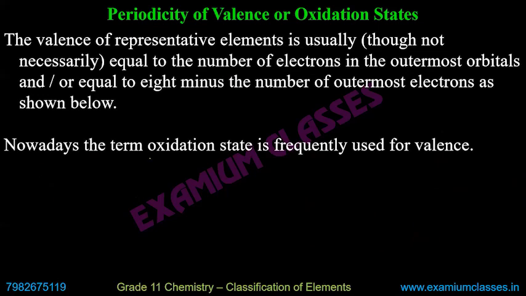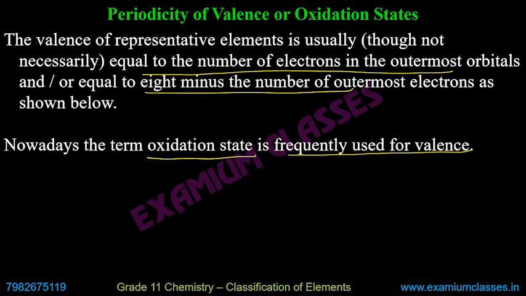Nowadays, the term oxidation state is frequently used for valence, and it is actually different from valence, because valence is just one. If we say it is either the number of electrons in the outermost shell or 8 minus the number of electrons, it means it is fixed. But oxidation state may not be fixed. It is something that is decided based on the compound in which that element is.